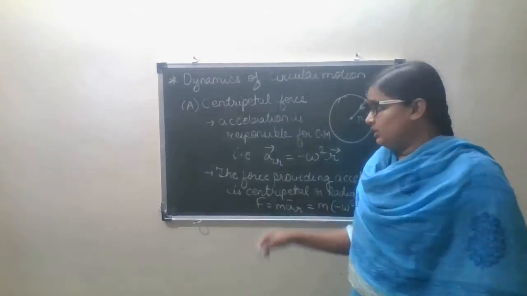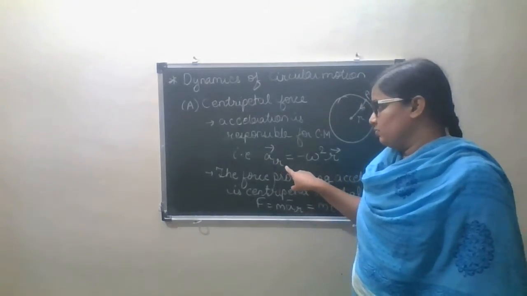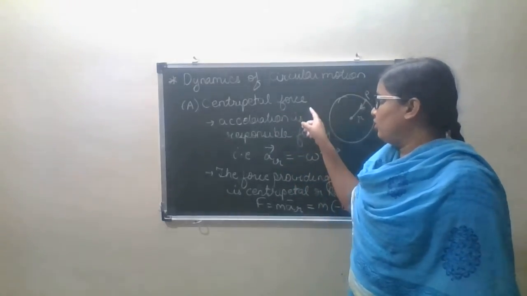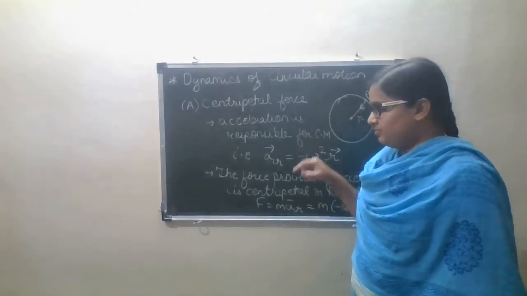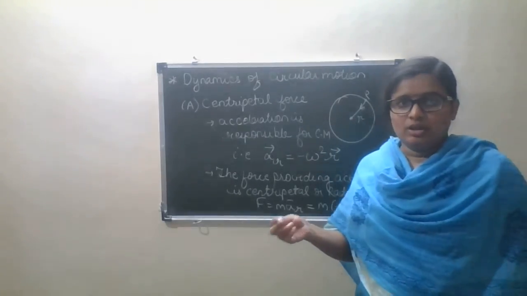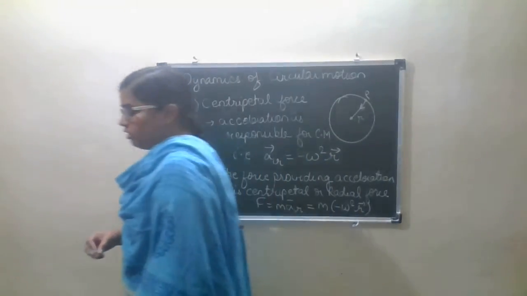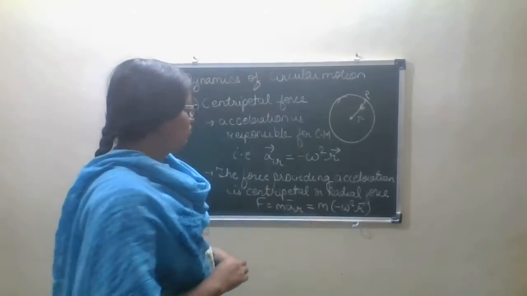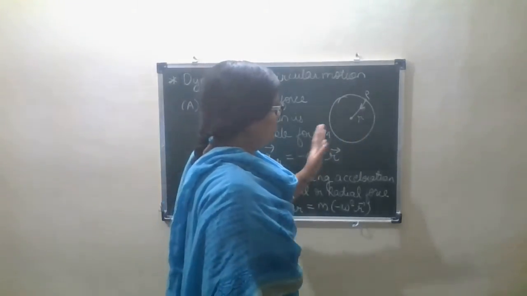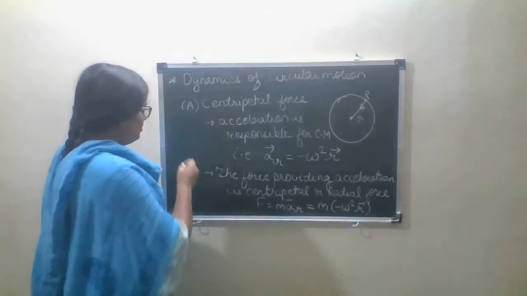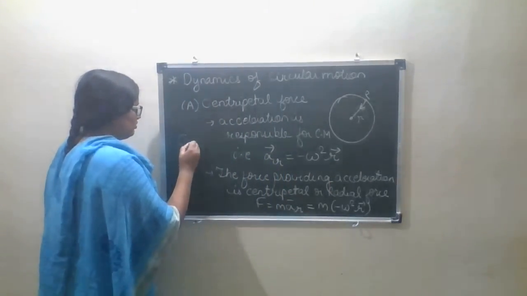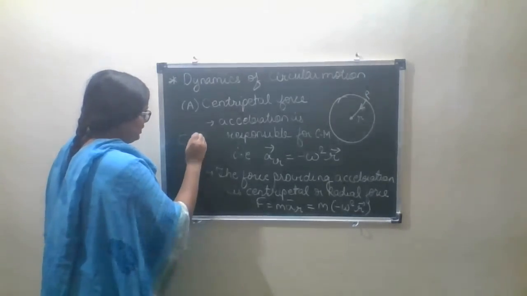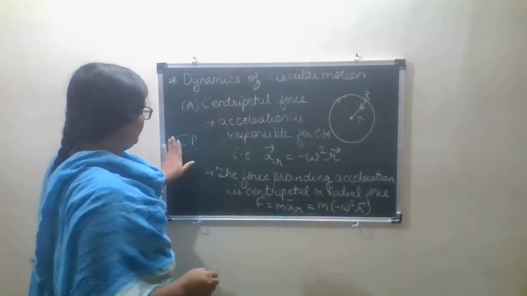Here it is written as a_r, meaning radial acceleration. This is the centripetal force, which is denoted as CF, and sometimes it is denoted as CP also.